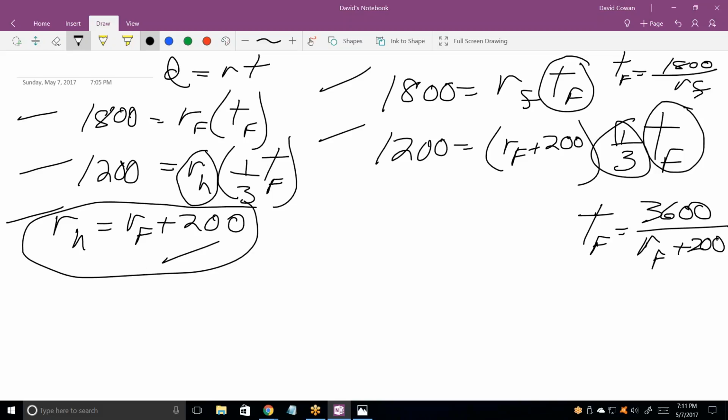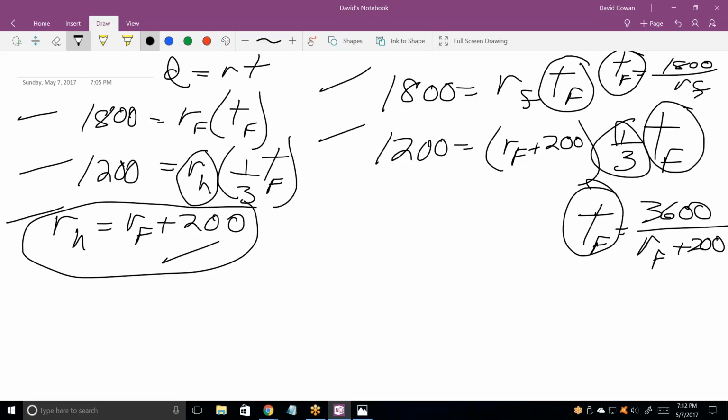Make sure you see how I got that. Now, what they've told me is the times are the same. The time for f is the same as the time for h.